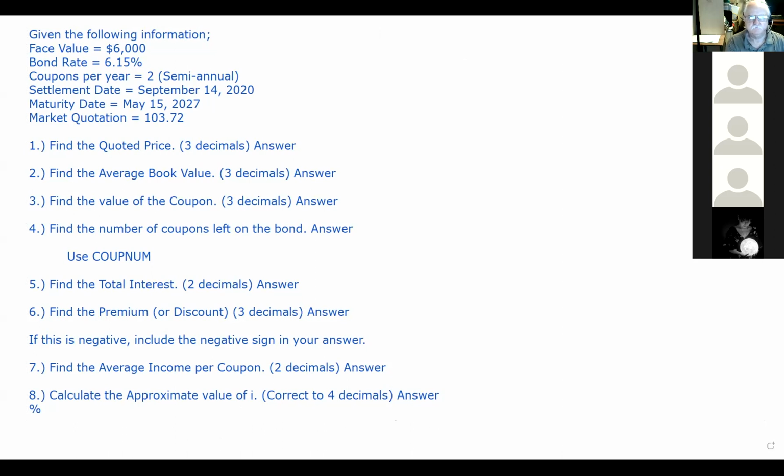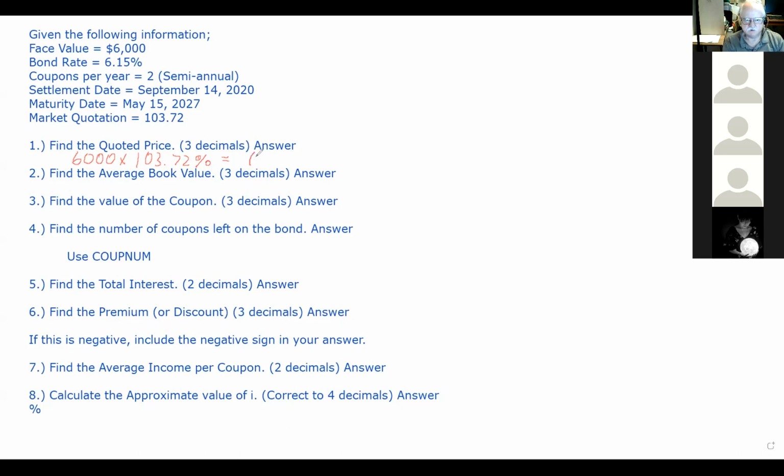So the face value here is 6,000 times the market quote of 103.72, but this has to be turned into a percentage. So 103.72% times 6,000, too many zeros.